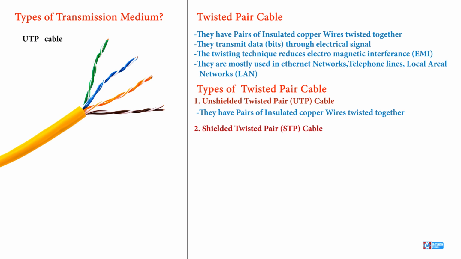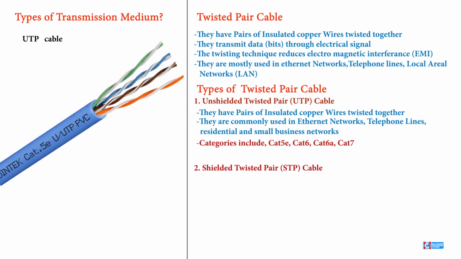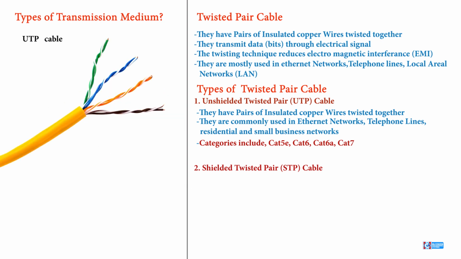The UTP cables are commonly used in Ethernet networks, telephone lines, and most residential and small business networks. These can also be further categorized into several classes, including Cat5e, Cat6, Cat6a, and Cat7. Each of these categories offers progressively higher bandwidth and better performance.